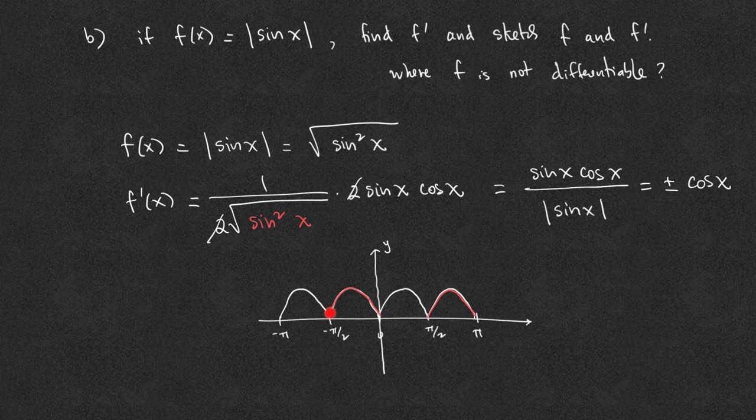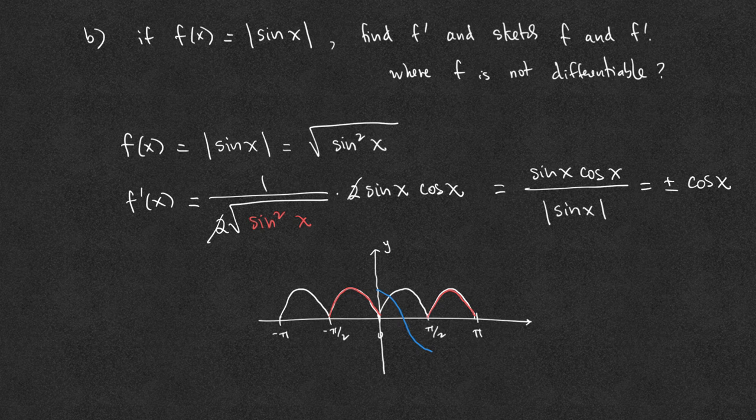We want to keep track of where we take the absolute value of sine of x to obtain the positive, because in these intervals we would end up with the graph of negative cosine of x. From 0 to pi over 2, we would have cosine of x.